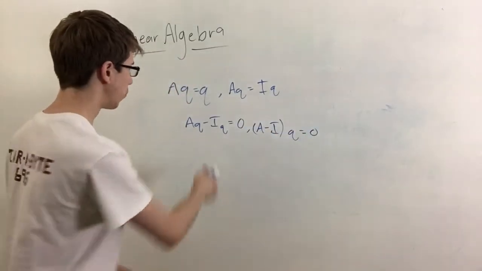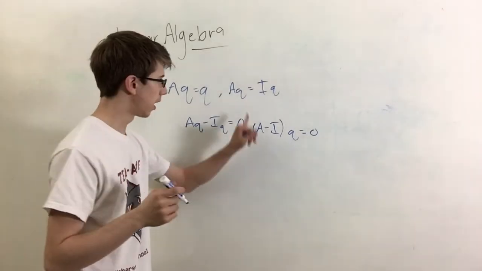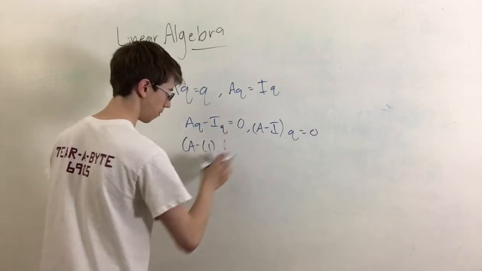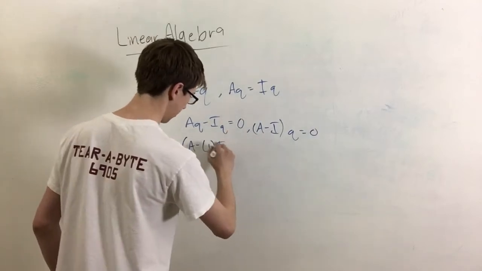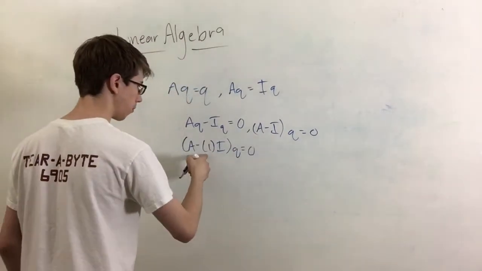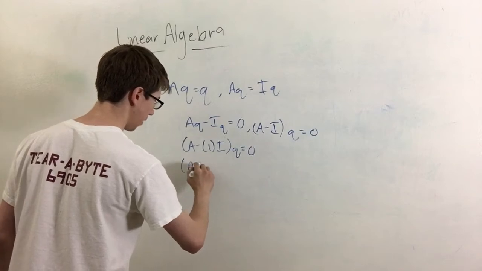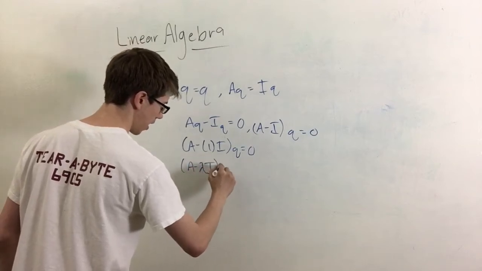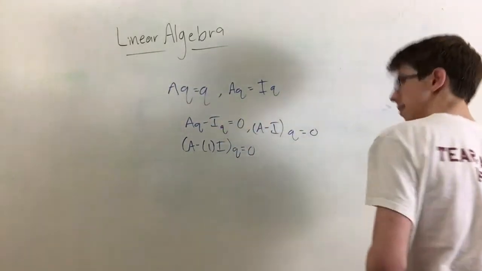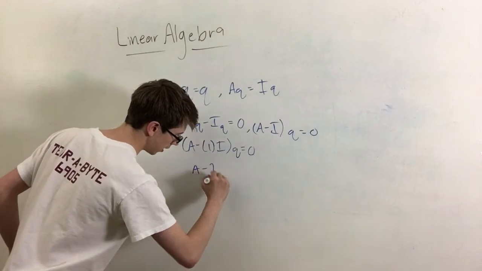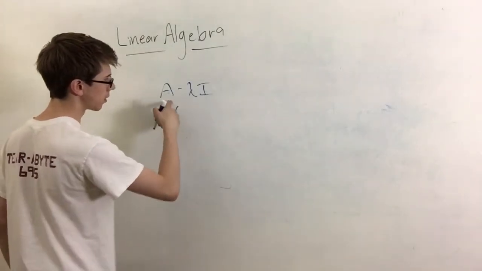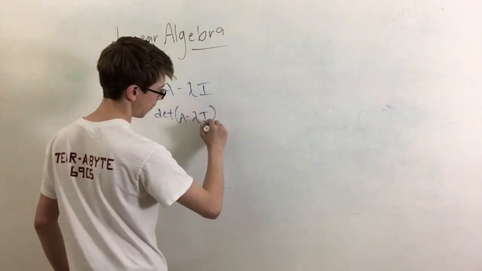Right? And so if we know that the eigenvalue is 1, well then this is just A minus 1 times I, Q equals 0. And so now if we replace 1 with just the general eigenvalue, lambda, then we get A minus lambda I, and then x instead of Q is equal to 0. This is the part that is important, that A minus lambda I. And then you just know that the determinant of A minus lambda I is equal to 0.